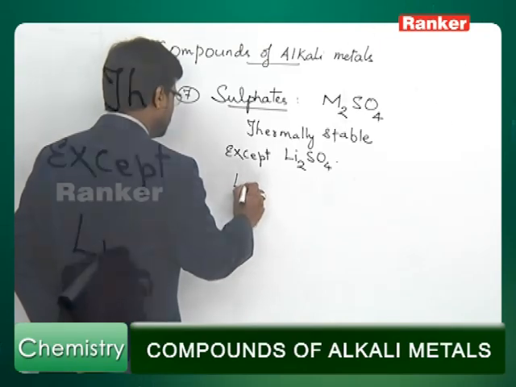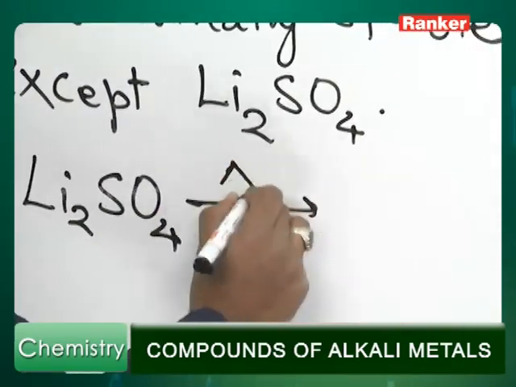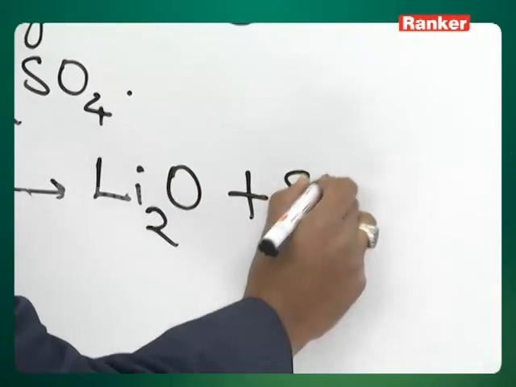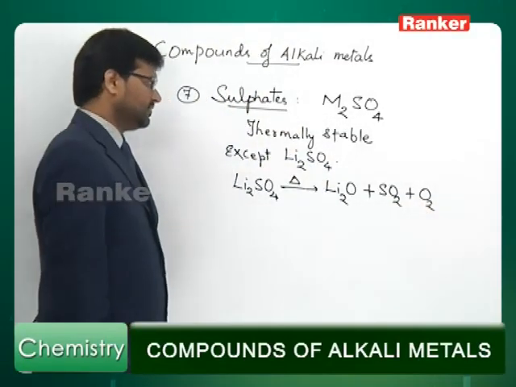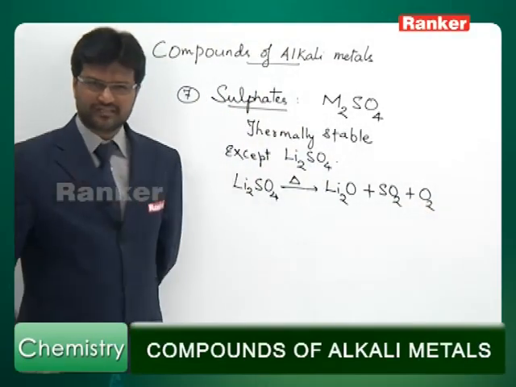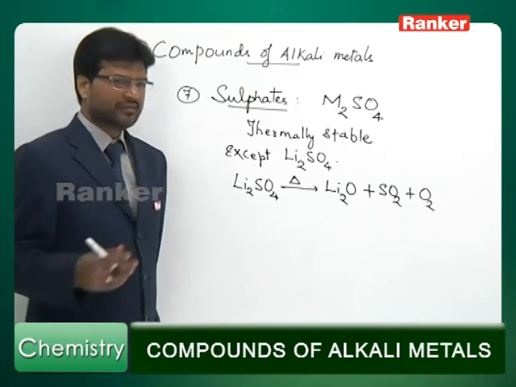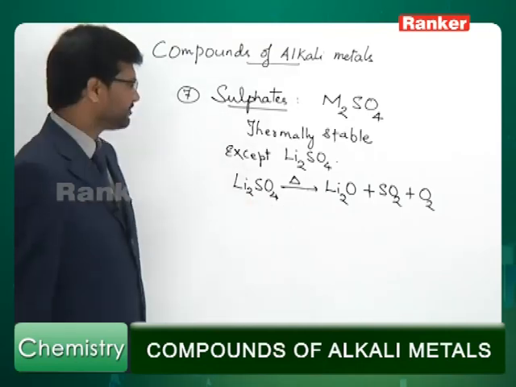Like for example, if you heat Li2SO4, you end up with Li2O, SO2 and O2. Others are thermally stable, and the thermal stability increases as you go down the group. The reason is sulfate is a large anion and it requires a large cation to stabilize.